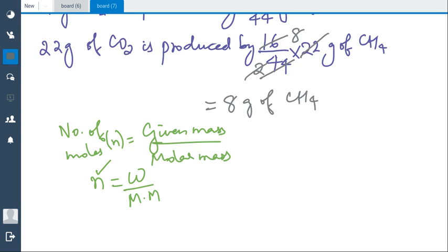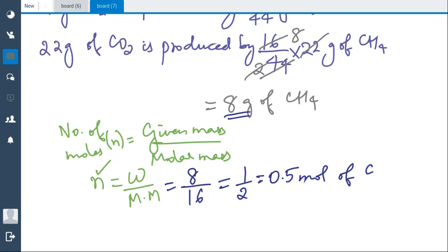So how will we do it? The given mass is 8. The molar mass of CH4 is 16, already calculated. 1 by 2, that is equal to 0.5 moles of CH4. This is our final answer. Okay, this was easy.